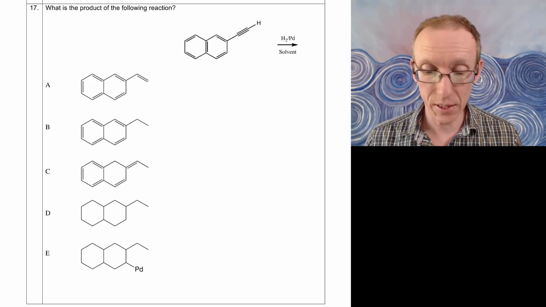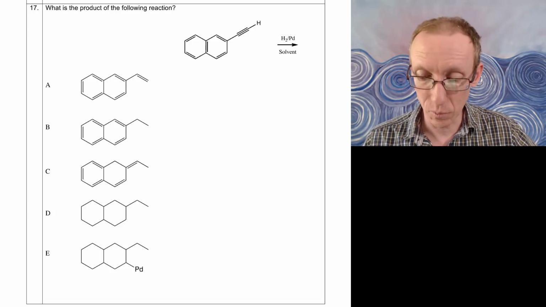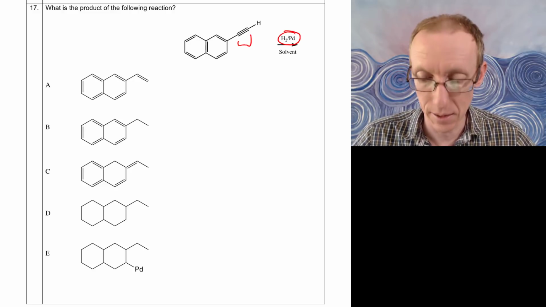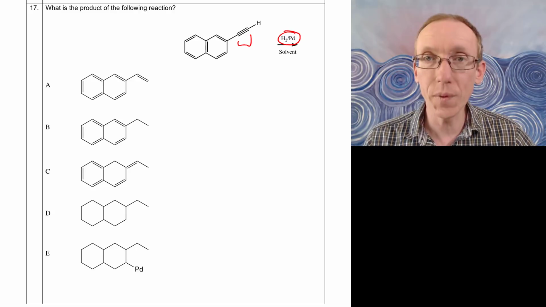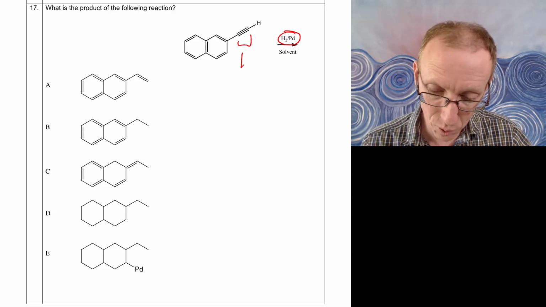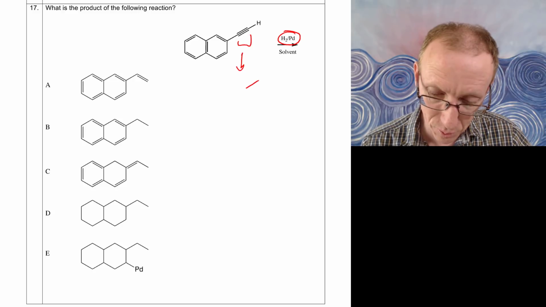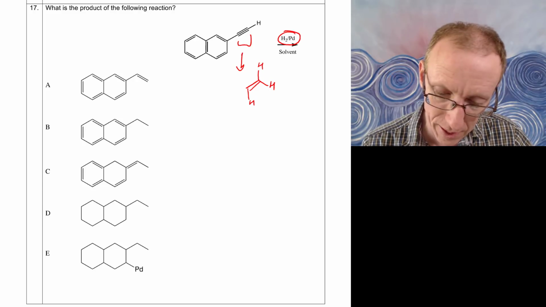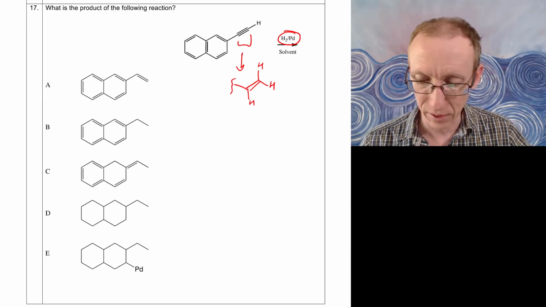Okay, question 17. What is the product of the following reaction? We've got an alkyne, and we're reacting it with hydrogen and a palladium catalyst. Now, if the catalyst was something called Lindlar's catalyst, that would convert that part of the molecule to an alkene like this with extra hydrogens on it and the hydrogen we already had, and then that aromatic ring.